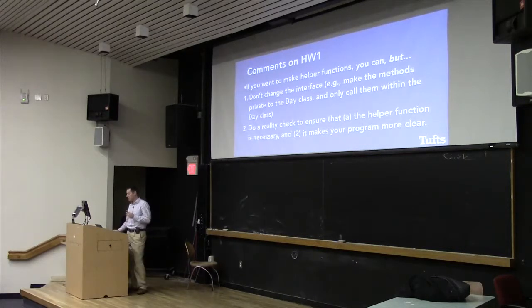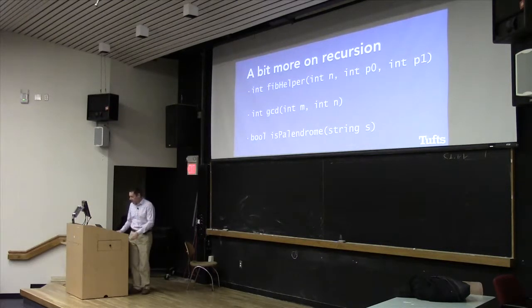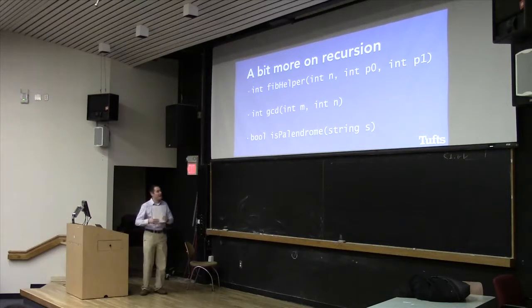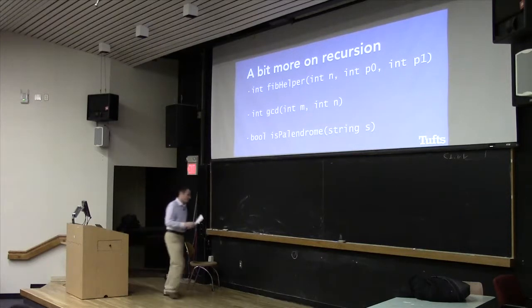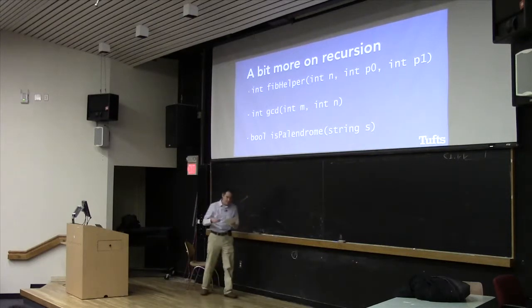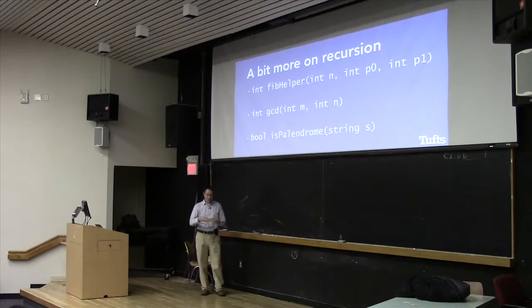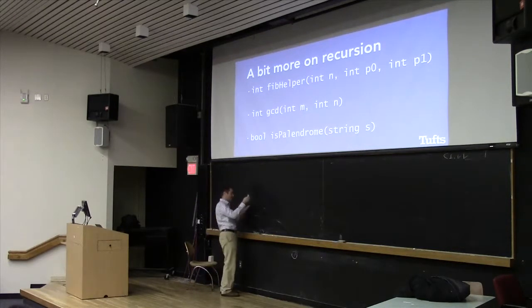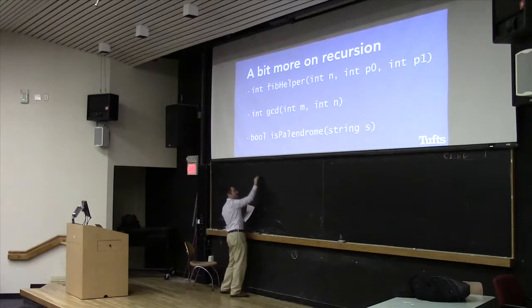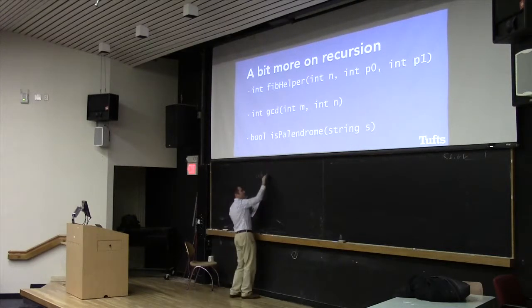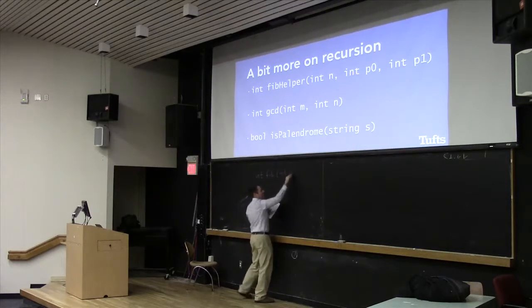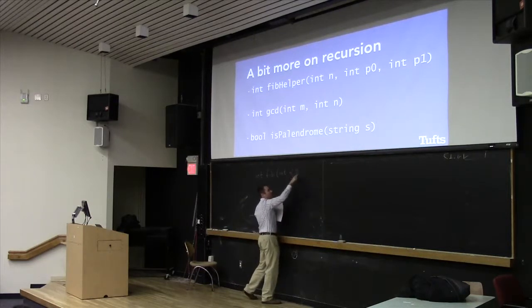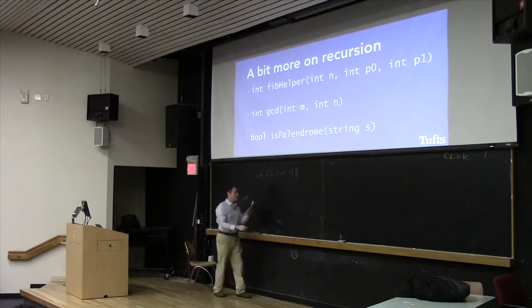A couple more things on recursion. The other day, I guess it was last Monday, I mentioned this Fibonacci function. You've mostly seen it before, but this is what we had written down for our Fibonacci function, or at least something similar. We said that the Fibonacci function for some integer n could be defined as the following.